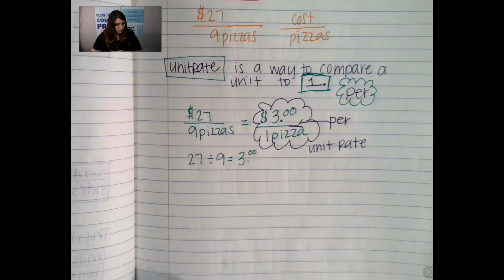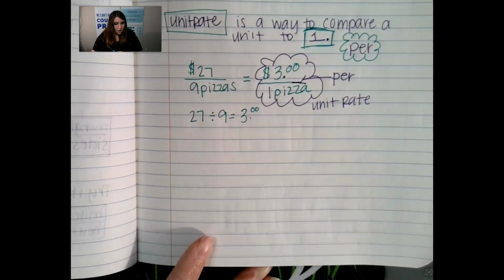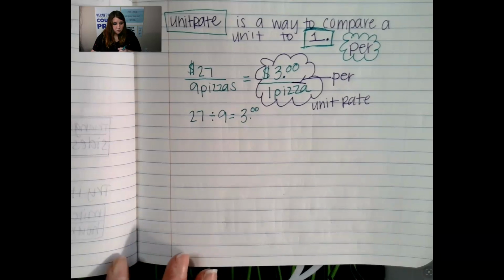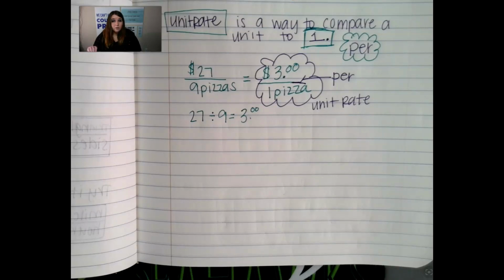Okay, so let's look at some examples. When we have equivalent rates, they mean that the ratios are equivalent. So we have the same unit rate when we're doing equivalent rates.